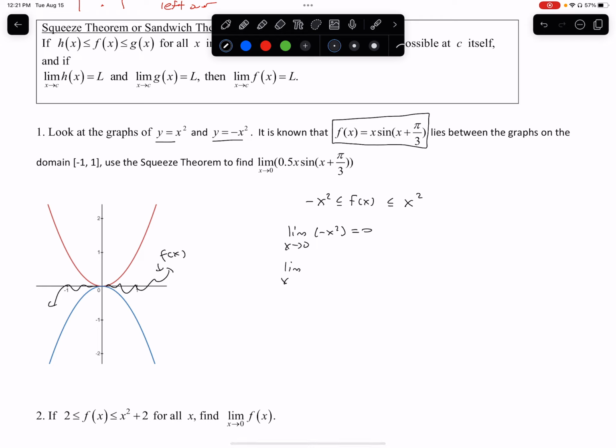The limit as x approaches 0 of x squared is also 0. Therefore, what does that tell us? Well, the limit as x approaches 0 of f of x, which is this x sine of x plus pi over 3, also has to equal 0. Because if both my outside functions approach 0, then my inside function also has to approach 0. And this is, of course, by the squeeze theorem.